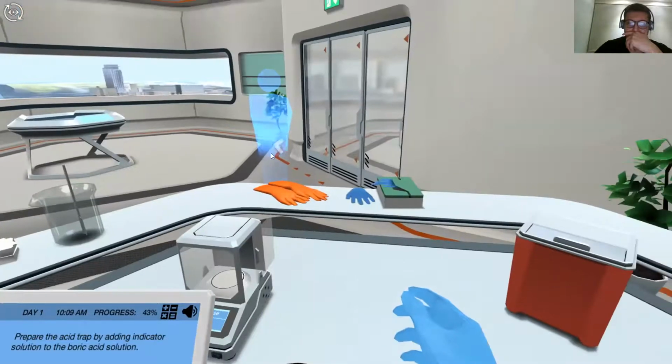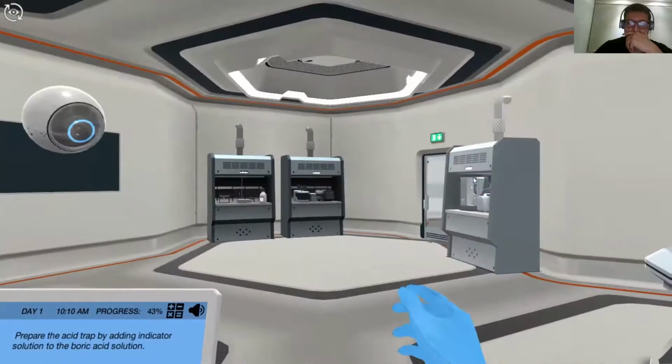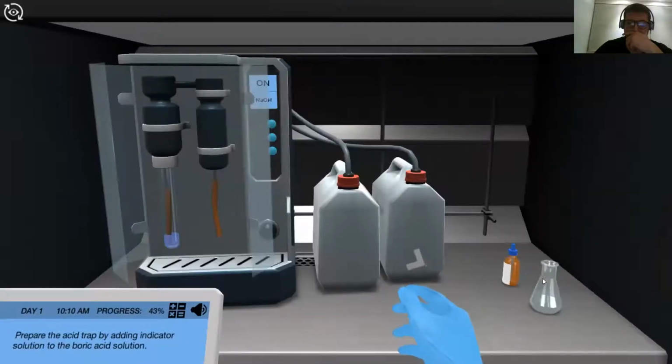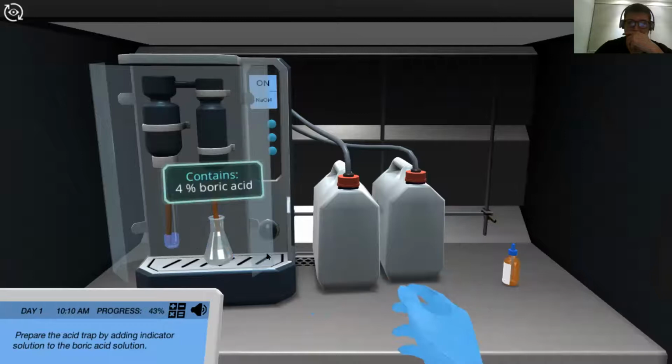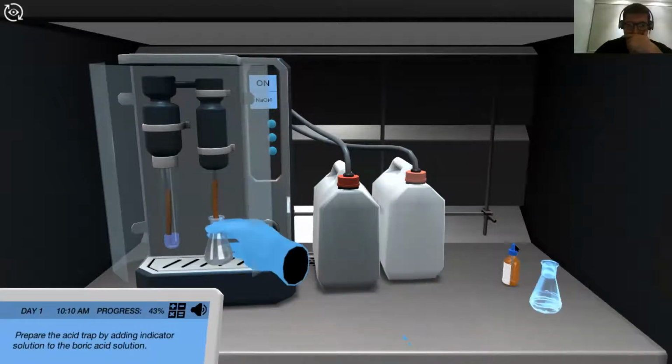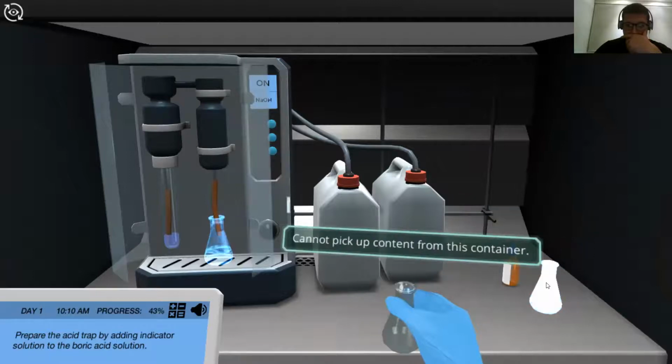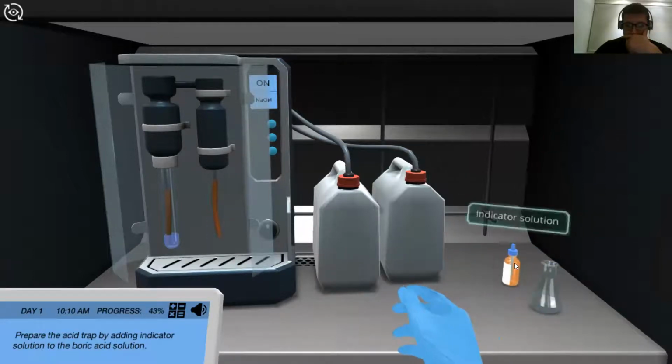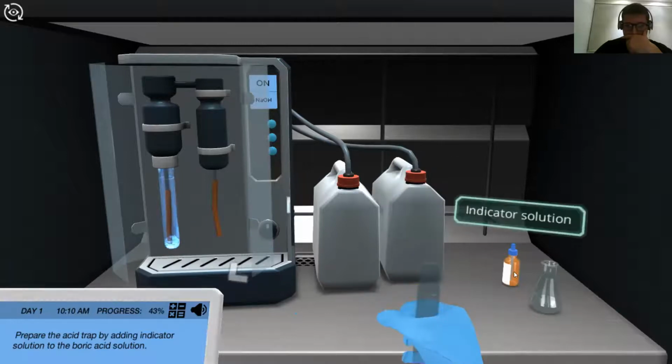Prepare the acid trap by adding indicator solution to the boric acid solution. Click on the lab pad for more information.